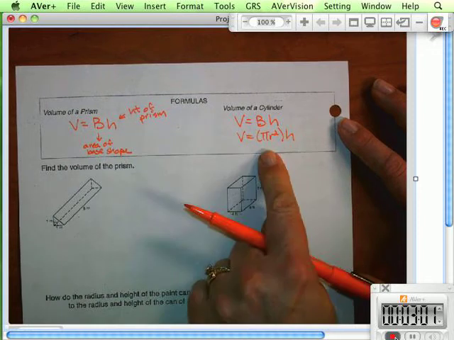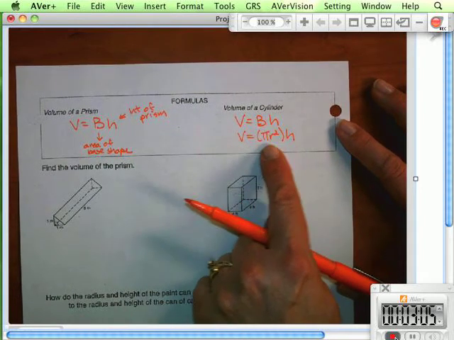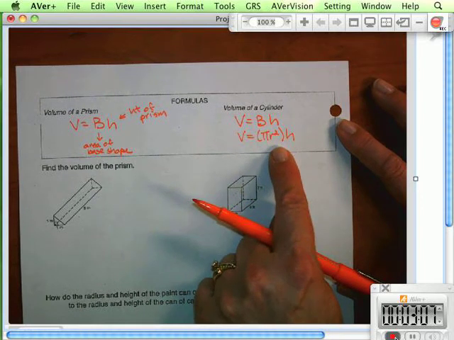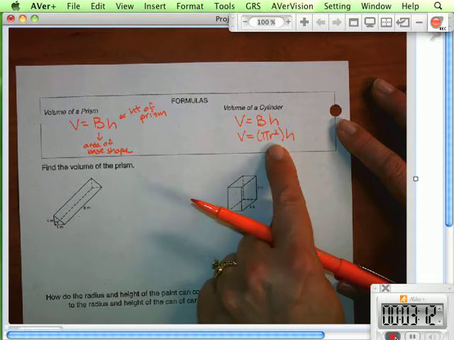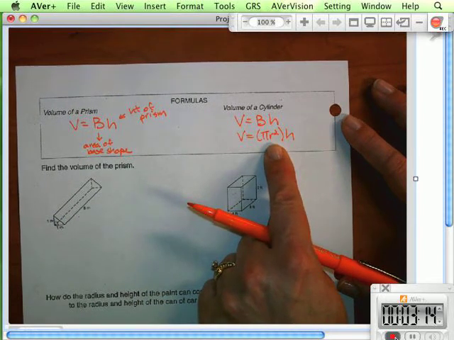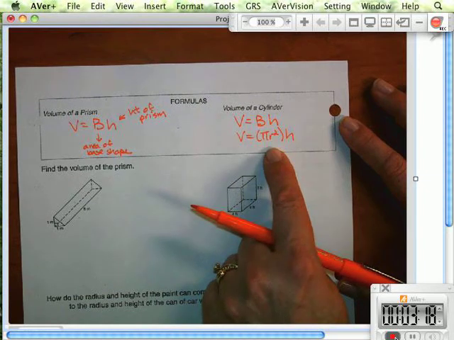If I were you, I'd get out my green sheet and write this right underneath the cylinder volume formula. I'd write this, because that's never going to change. This one, it might be different shapes, but this one will always be the same. Pi r squared h. I'd write it right underneath my volume formula. Okay, for cylinder only.